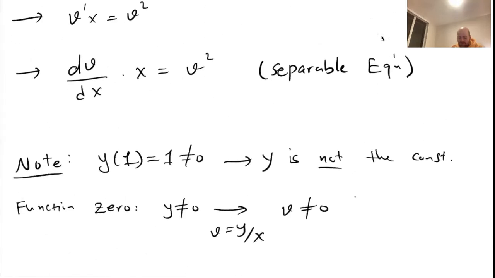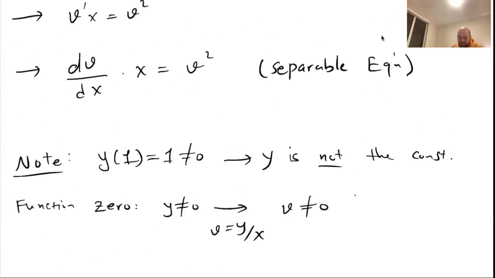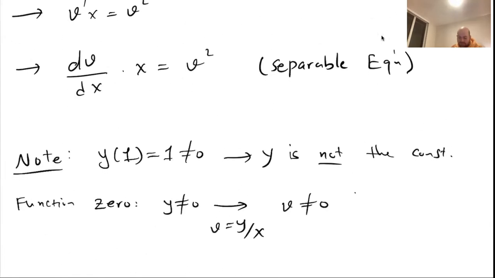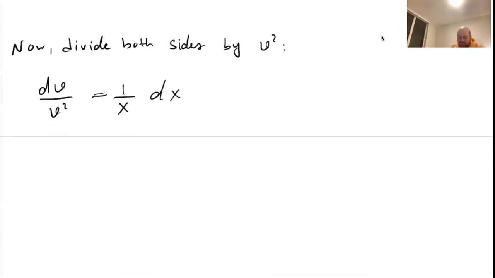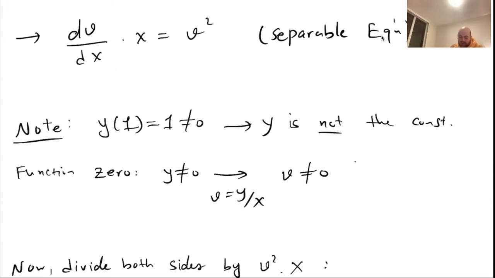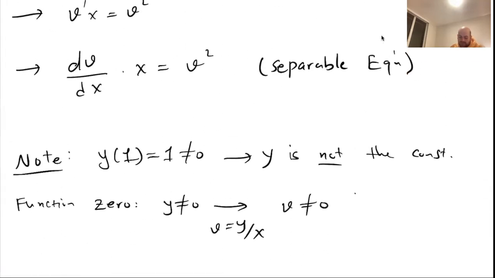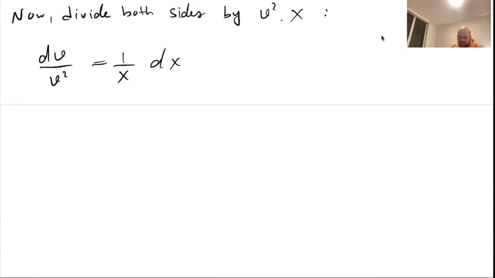We divided both sides by v squared and also divided both sides by x. So basically we are dividing both sides by v squared times x. Then we get dv over v squared equals dx over x. Now integrate both sides.